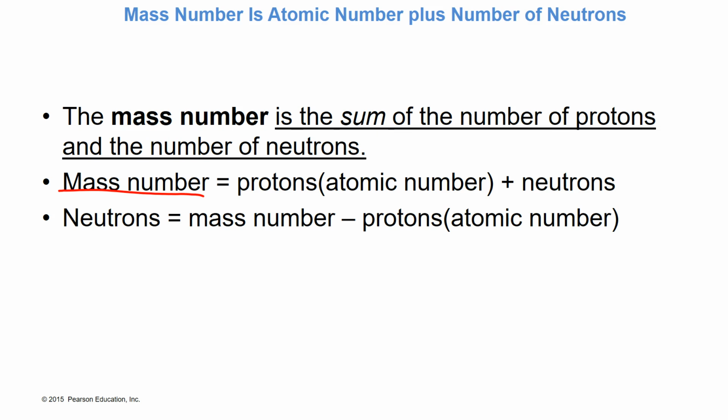And same thing, yesterday we saw that we can calculate the number of neutrons if we have the mass and we know the atomic number. The other thing we saw yesterday is that there are different isotopes of elements.